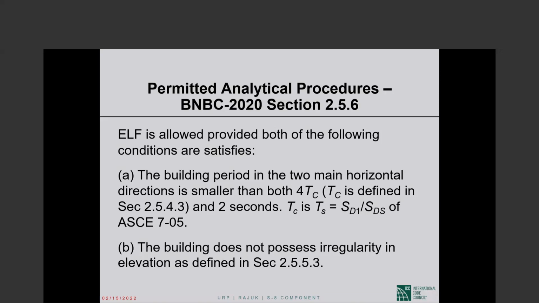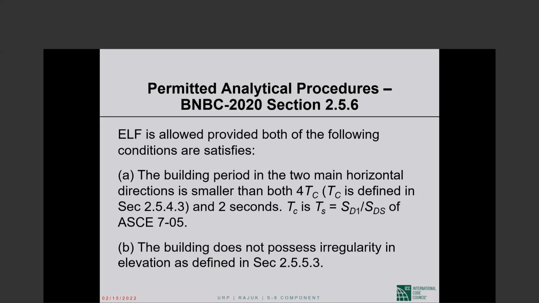So the first condition is the building period in the two main horizontal directions is smaller than 4 times T sub C. T sub C is defined in section such and such, and 2 seconds. So the period in both directions is smaller than both 4 times T sub C and 2 seconds.